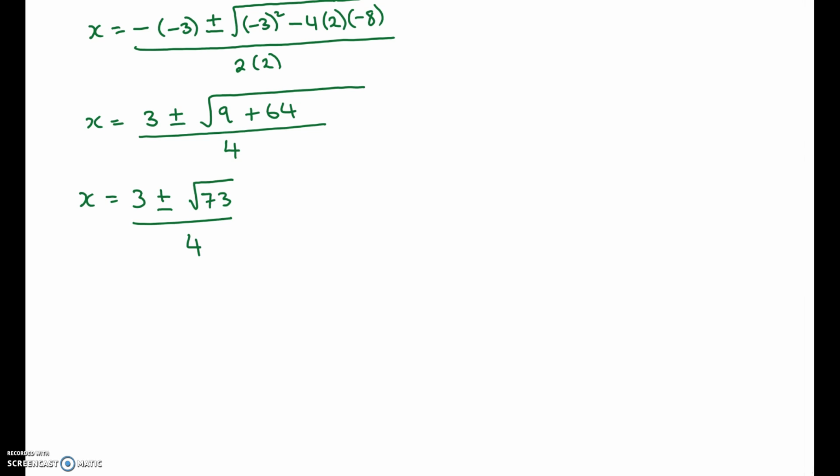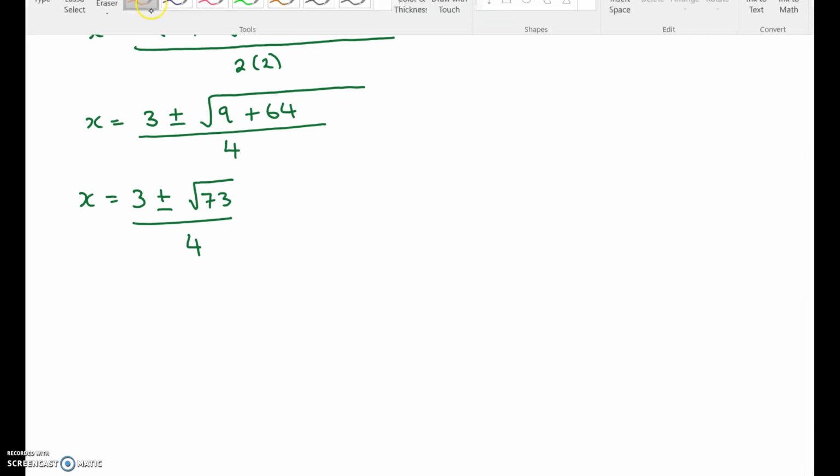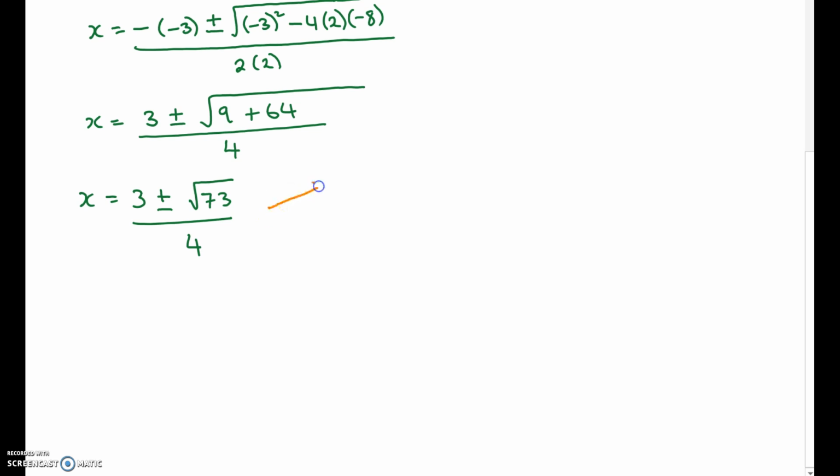So at this point you can split your problem up into 2 different problems. You can go x is equal to 3 plus the square root of 73, divided by 4, or x is equal to 3 minus the square root of 73, divided by 4.